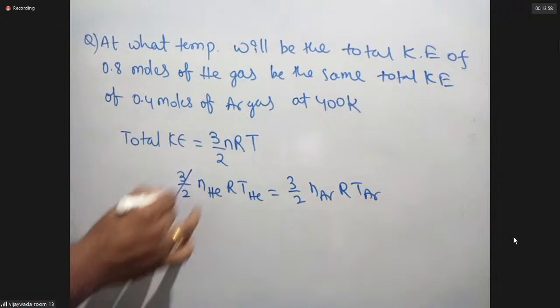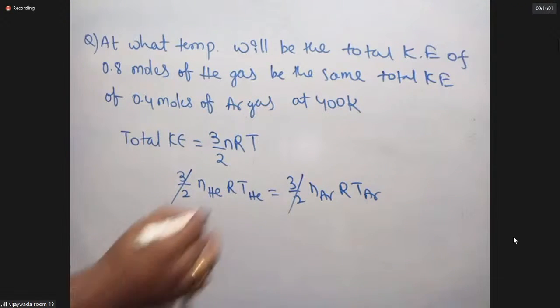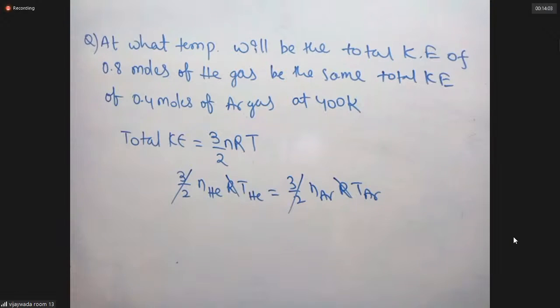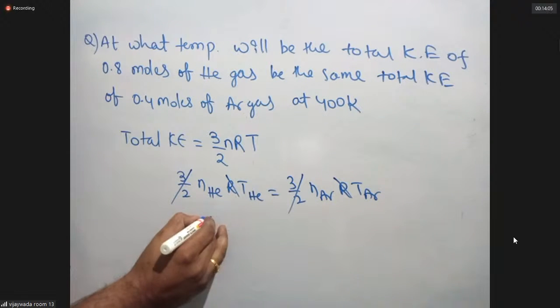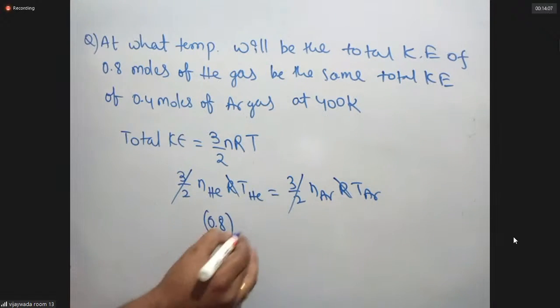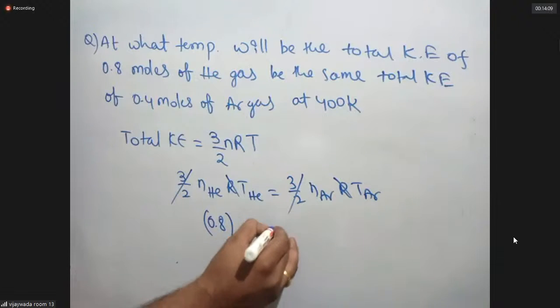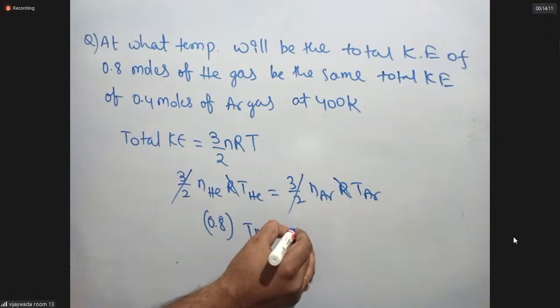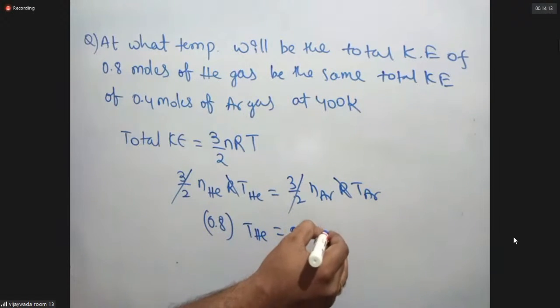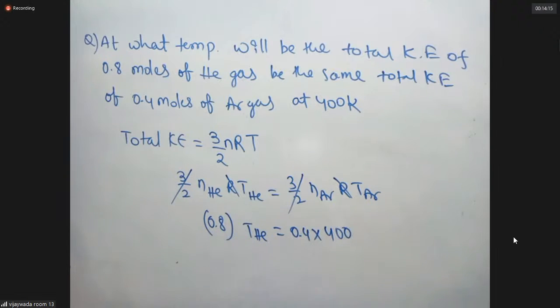So obviously 3 by 2 gets cancelled. R cancels. The number of moles of helium is 0.8. Temperature we don't know. Number of moles of argon is 0.4. Temperature 400 Kelvin. Then temperature of helium is 0.4 into 400 by 0.8. 2 times cancels.